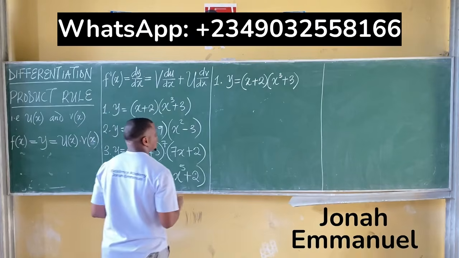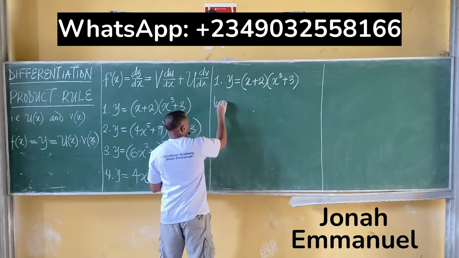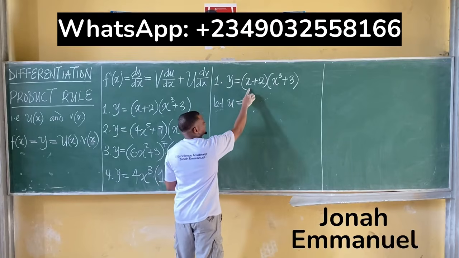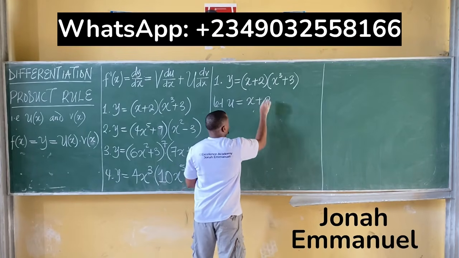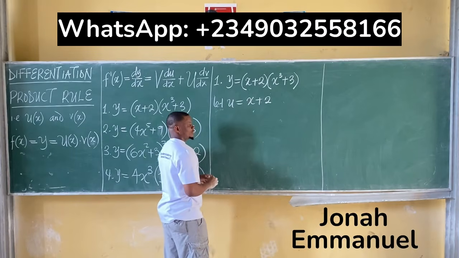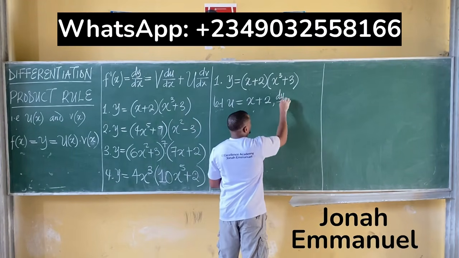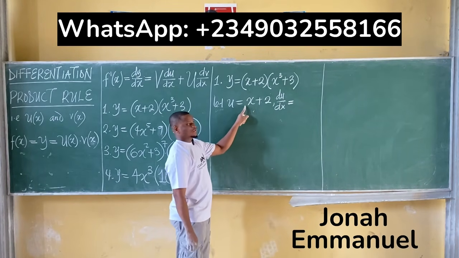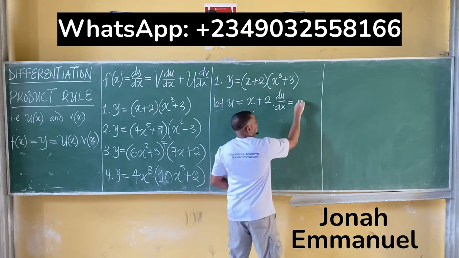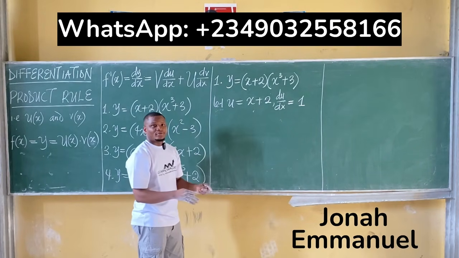So how do you solve product rule? Simple. First things first, you say let u be equal to the first bracket here, which is x plus 2. Find du dx. Let's differentiate this. If I differentiate x, what do I get? The number there is 1, of course. So I have 1. Constant is 0. It's gone.